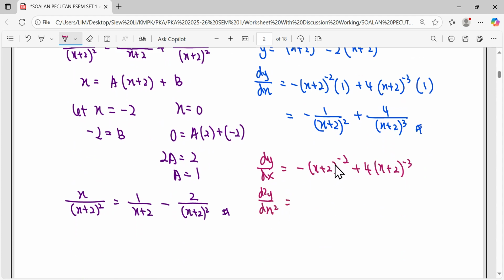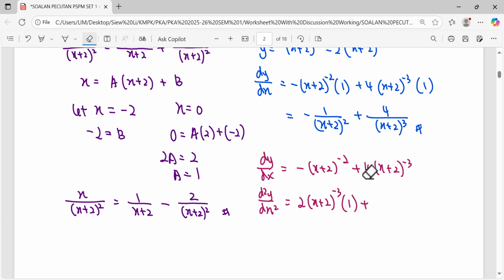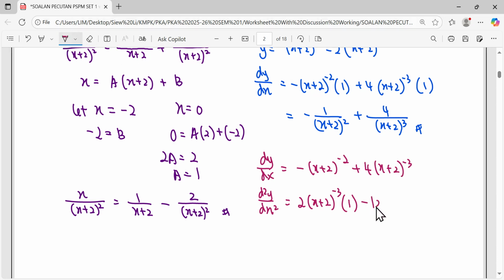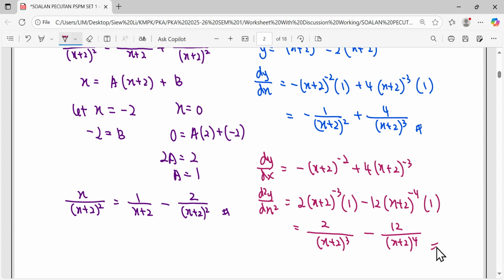Again power rule, power moves to the front, positive. Power minus 1, differentiate inside the bracket x, we get 1. Differentiate constant, we get 0. For this one, power moves to the front, same, power rule here, power minus 1, differentiate inside the bracket. So this is 2 over (x plus 2) to the power 3 minus 12 over (x plus 2) to the power 4.